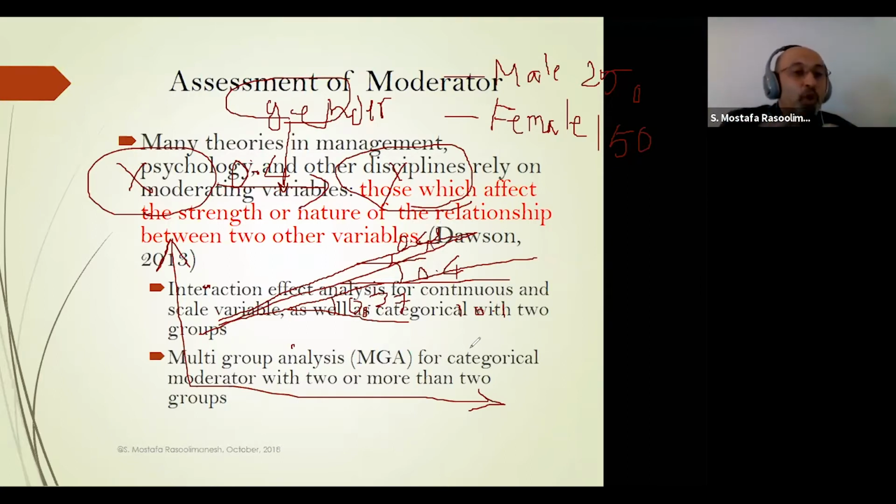So in this case, the moderator would not be significant.